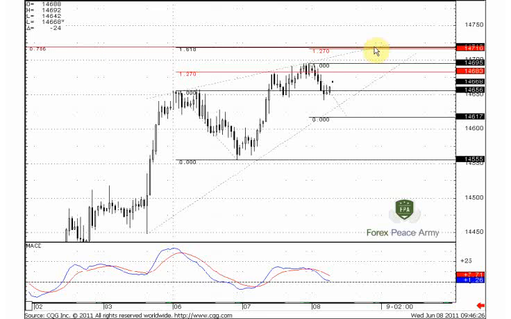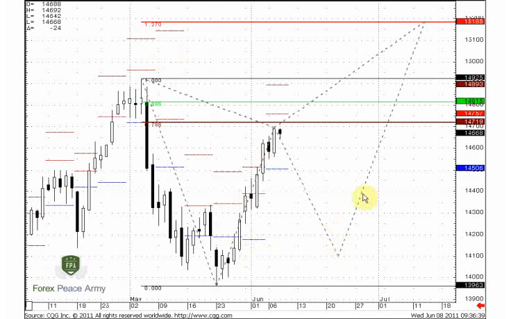The hourly trend is bearish, the 4-hour trend is bearish. Here stands the daily 786 resistance. As we know, this 786 resistance is very significant in terms of the potential butterfly formation on the daily time frame.